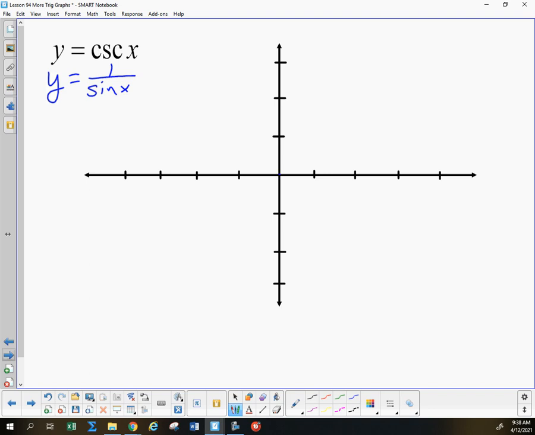We know that sine goes through the center line, increasing, and we go up and down to 1 and negative 1. And we have this oscillating pattern right here. I can have my dotted line in here to make it more like what I'm used to. Oops, wrong way there on that one.